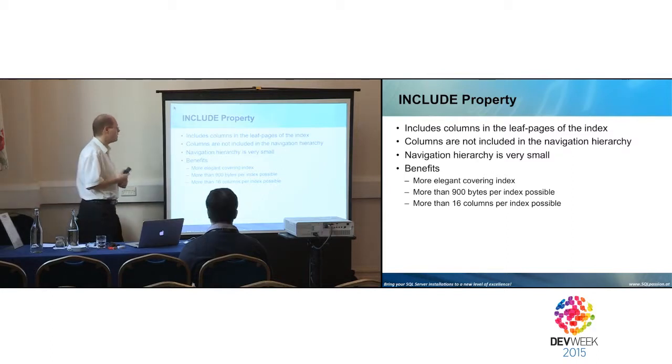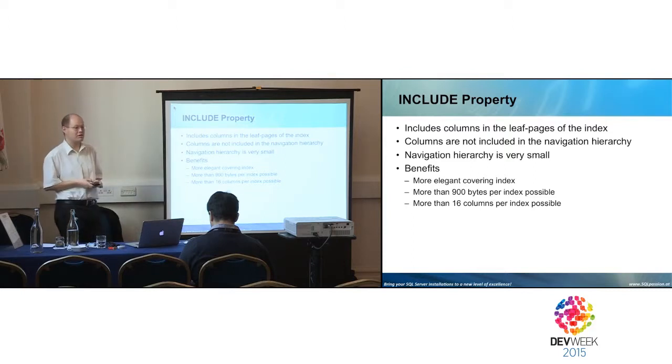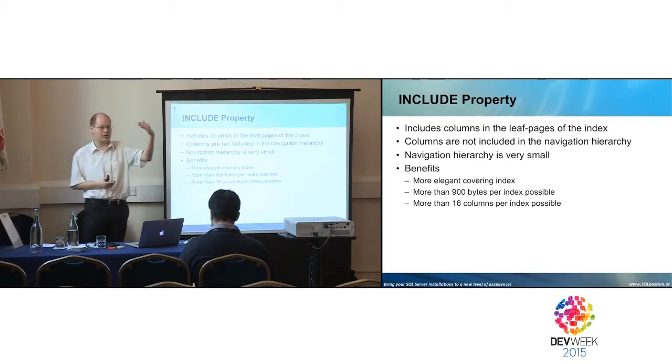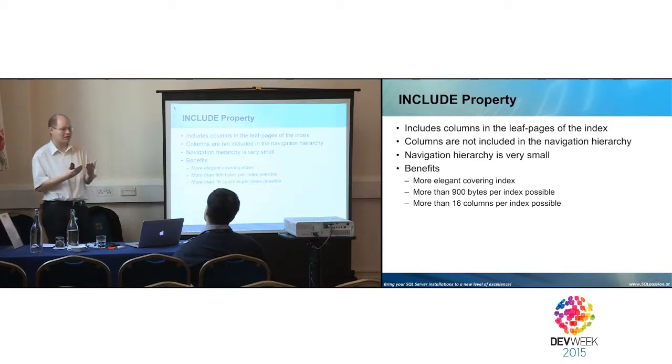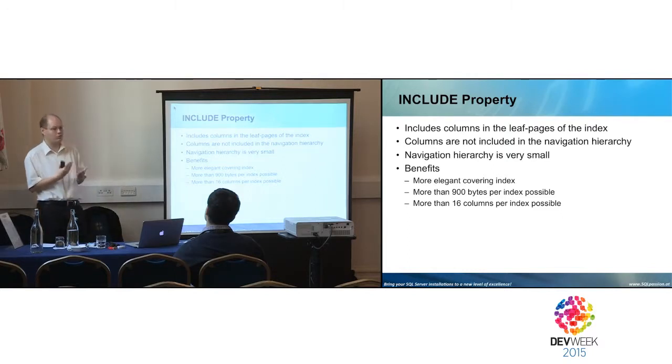Of course, when we include additional columns in the non-clustered index, we just create a redundancy of that data. Means those columns are part of our table, of our heap table or clustered table, and those columns are also part of that non-clustered index. Means when we are changing that column, we are degrading our write performance because SQL Server has to change that column twice.